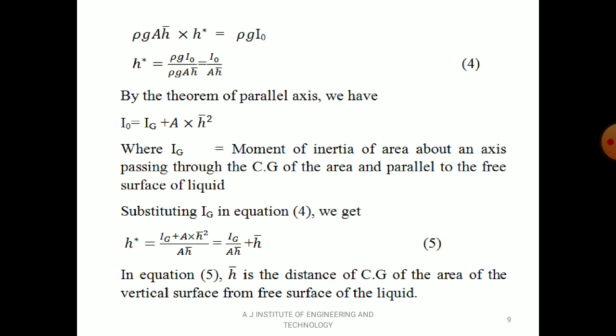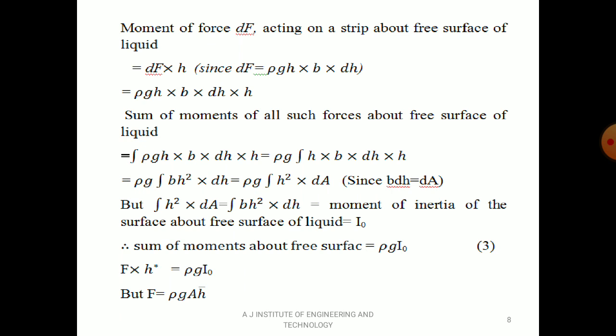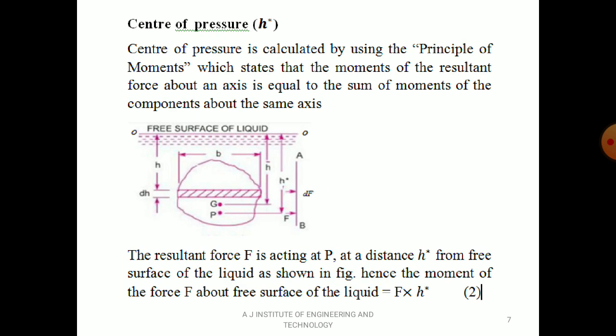But from the parallel axis theorem, I naught equals Ig plus A into H bar square. You can see that we have to calculate the moment of inertia about the free surface, OO, which is parallel to the axis passing through the centroid. That is the parallel axis theorem.